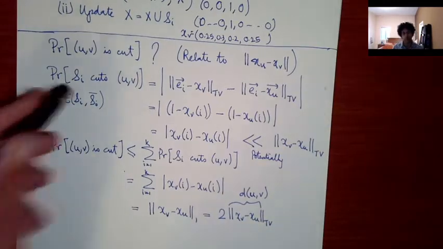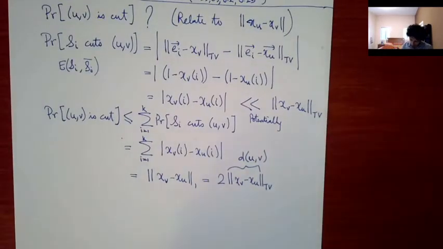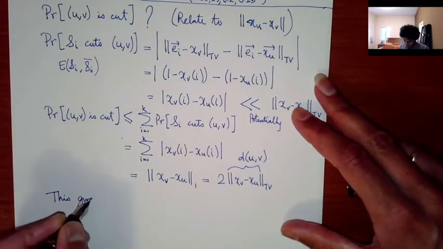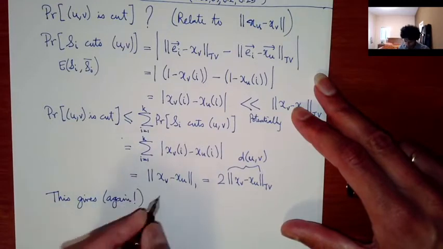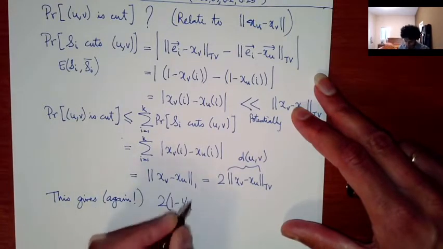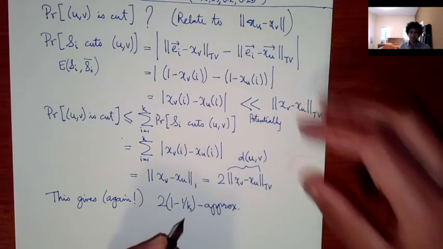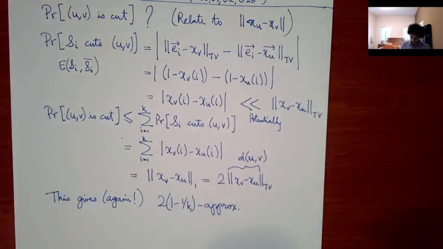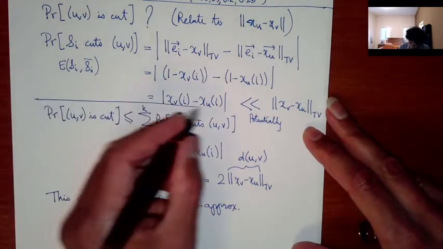Because that would just be the probability that S1 cuts it. So again, if you go through the motions, this gives, again, a 2 times 1 minus 1 over k approximation. Because you don't have to cut all of them, you just cut k minus 1 of them, and that's good enough. But this thing here is really important.